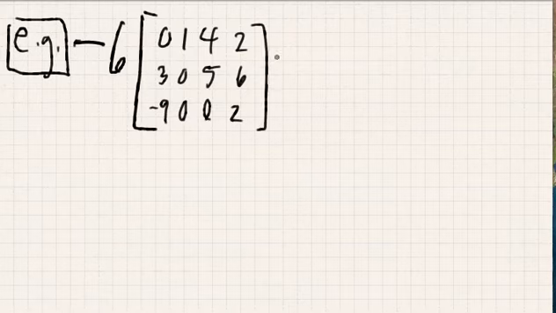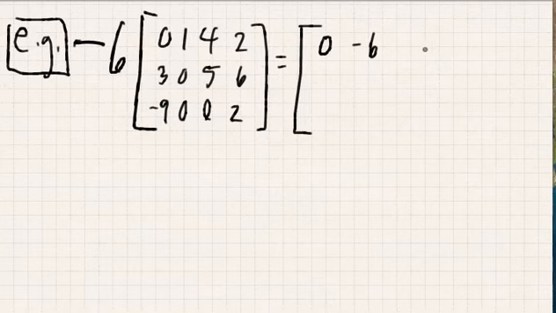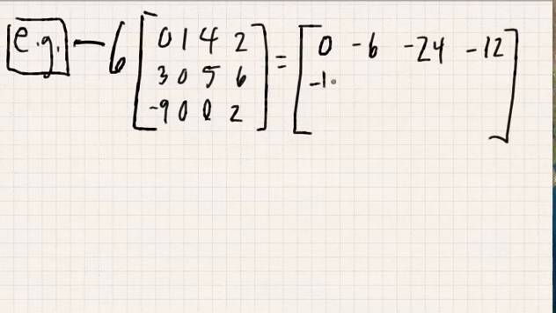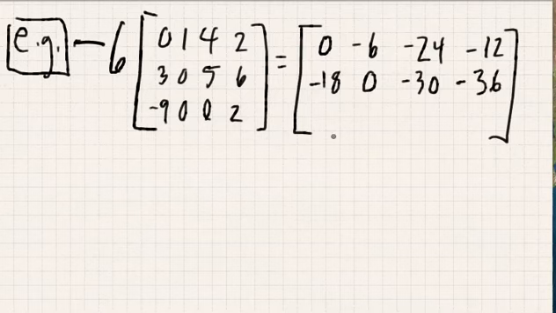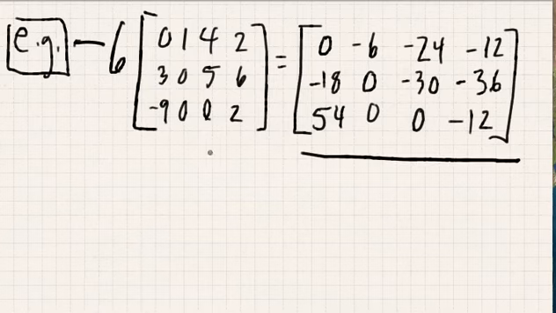And what does this give us? -6 times 0 gives me 0, -6 times 1 gives me -6, -6 times 4 gives me -24, -6 times 2 gives me -12, -6 times 3 gives me -18, -6 times 0 is 0, -6 times 5 is -30, -6 times 6 is -36, -6 times -9 is 54, -6 times 0 is 0, and -6 times 2 is -12. So this would be the answer.